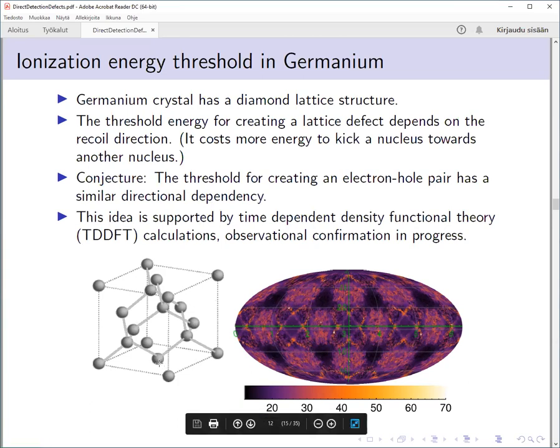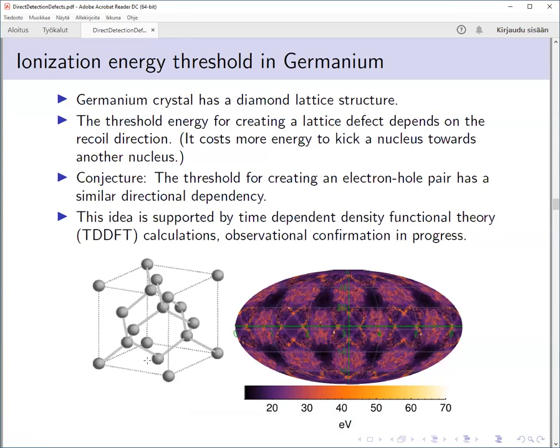And this creation of a lattice defect is a problem that is well studied using molecular dynamic simulations, where you just study the nuclei using classical potential between the nuclei. So these kinds of simulations are feasible.